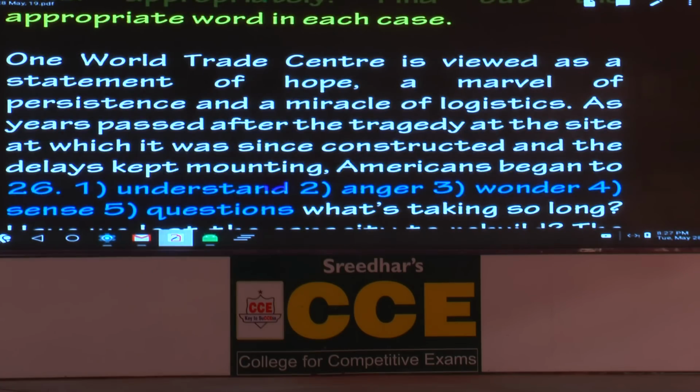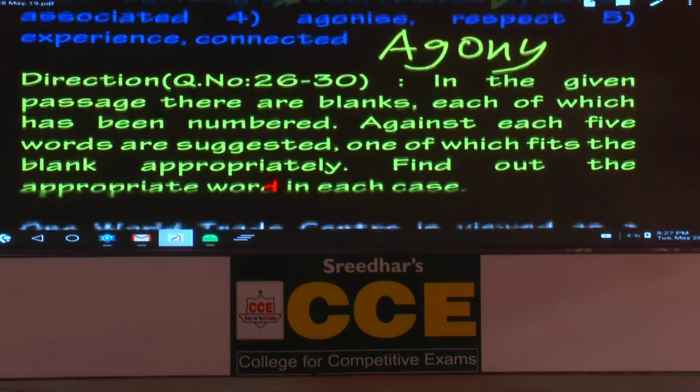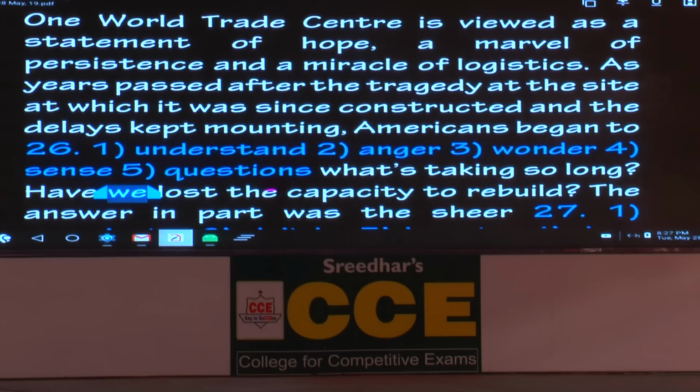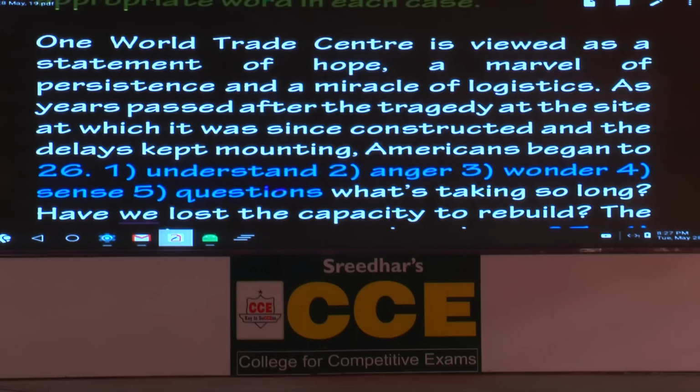Now we'll move on. How are these, easy or difficult? Easy. Now, close test. This is an interesting passage or paragraph, a short paragraph. It's all about World Trade Center. It is not one, please correct it. Once, O-N-C-E.